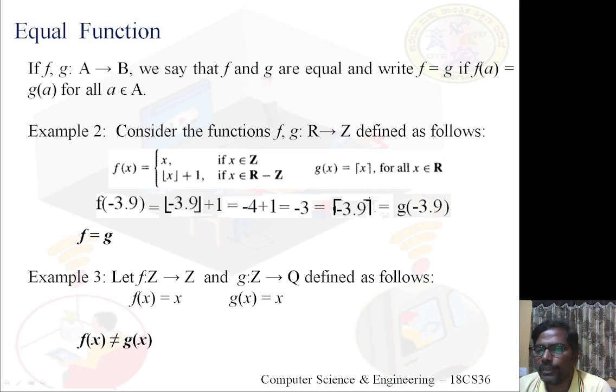Now let us have a look at an example. See here, we are given two functions f and g from real to integers. I mean, from same domain, real numbers, to same codomain, integers. The definition of the functions f and g are as follows.